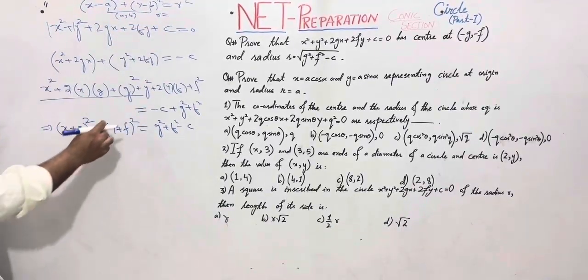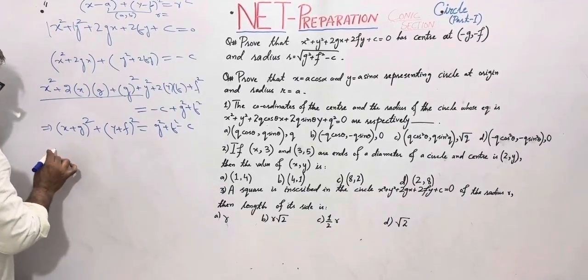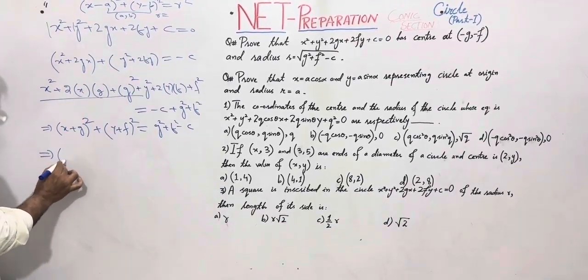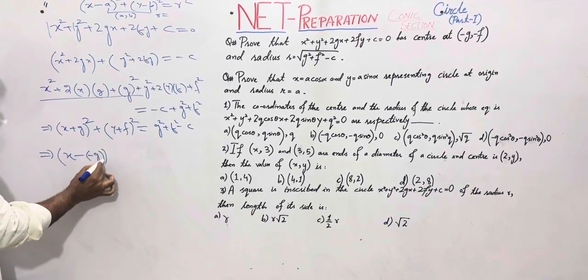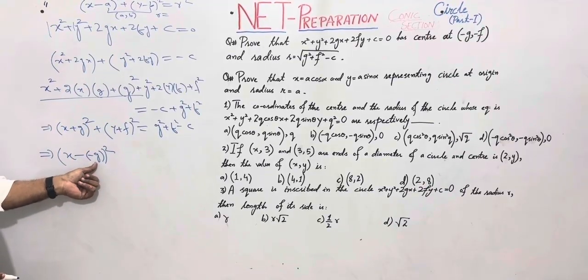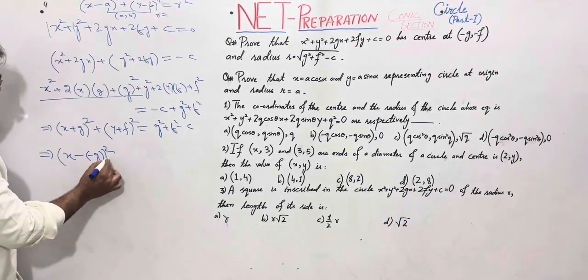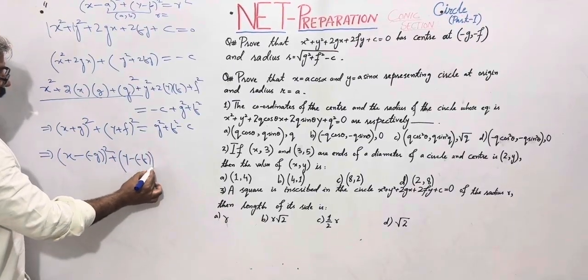Just manage the square here, overall square, and the minus symbol. So they can be written as (x minus (negative g)) whole square. We are in a position to compare this; this is our value of a. And this can be written as (y minus (negative f)) whole square.